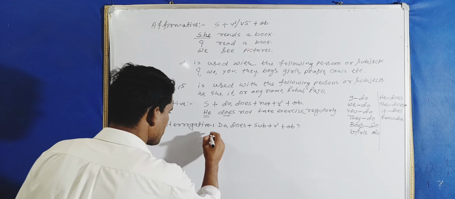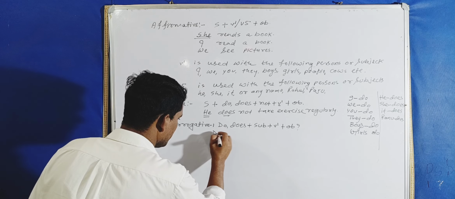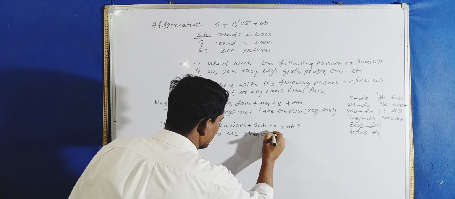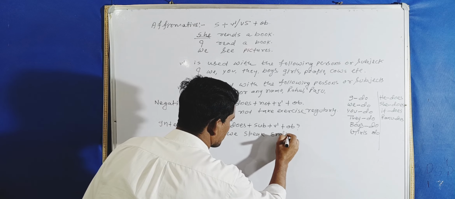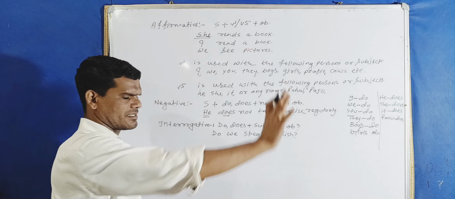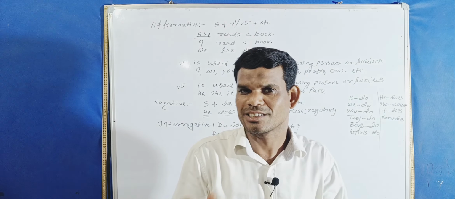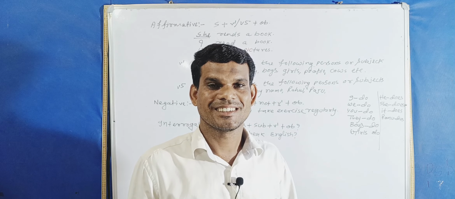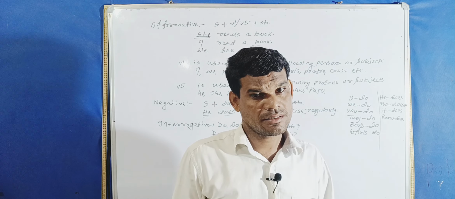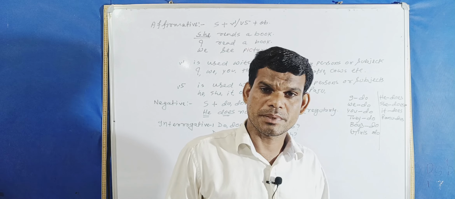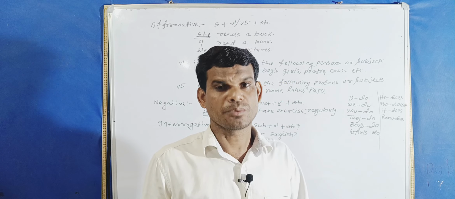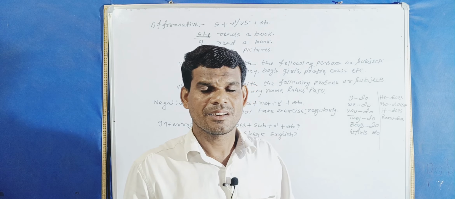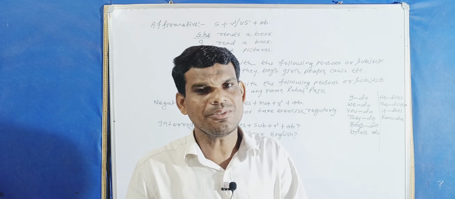For example, do we speak English? This sentence we can answer yes or no in a single word. Do we speak English? Yes. Somebody says, do we speak English? No. So when we answer in a single word like no and yes, this is also known as interrogative 1.